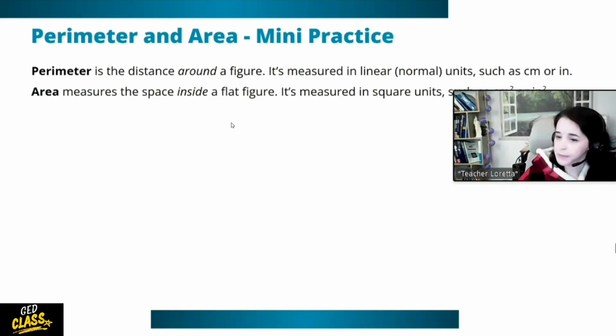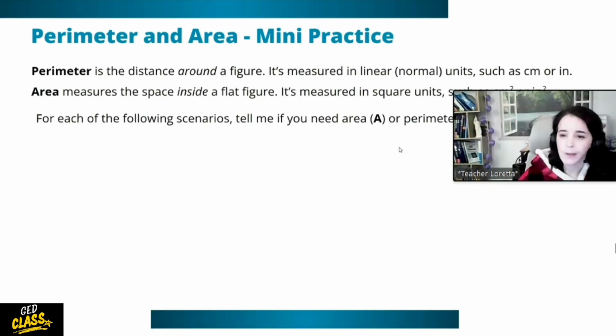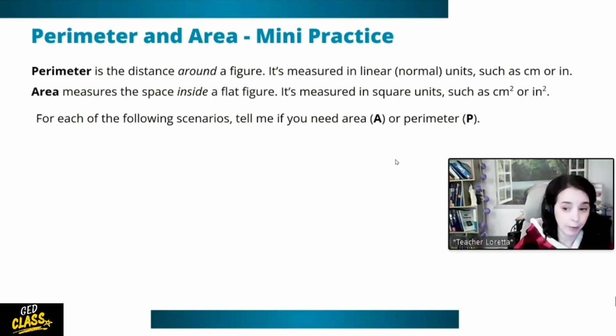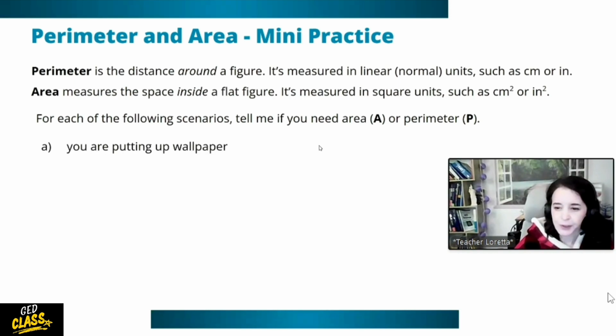So we're going to do a mini practice now. First, we're going to practice deciding if you need area or perimeter. If you're putting up wallpaper, what do you think you need, area or perimeter? You're going to buy some wallpaper, you're going to put wallpaper up on your walls.